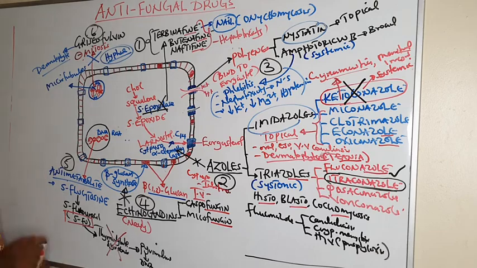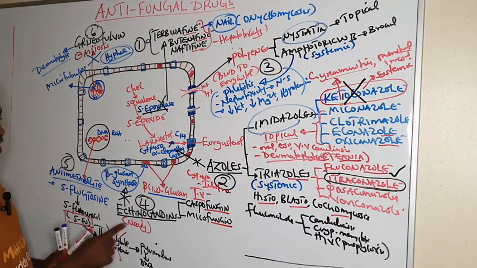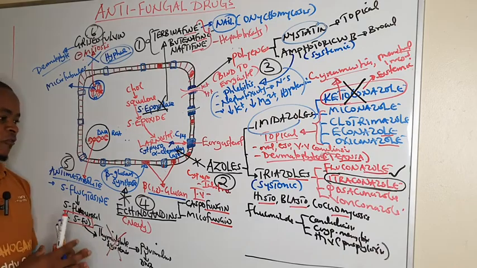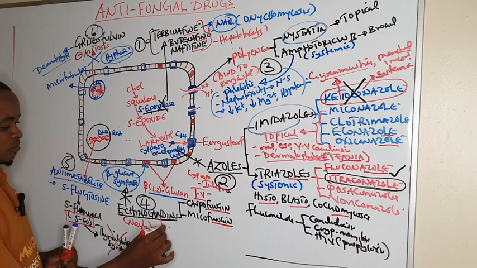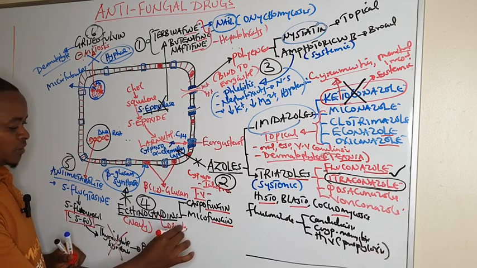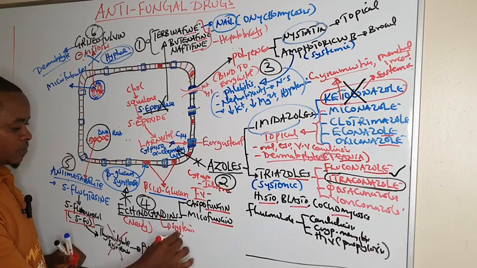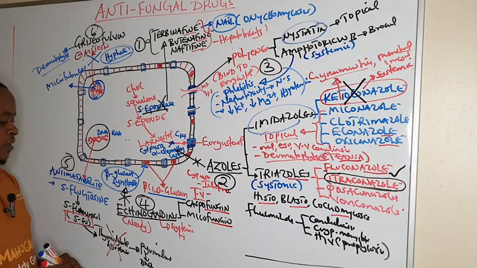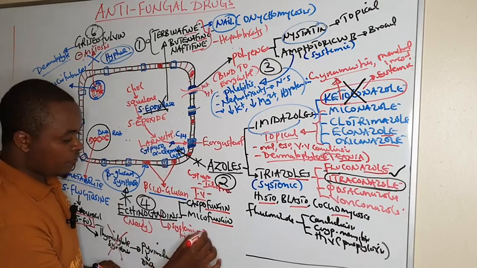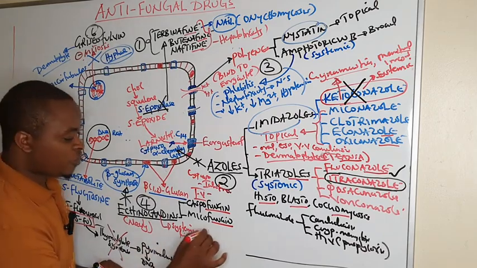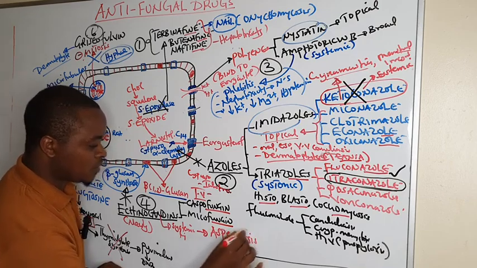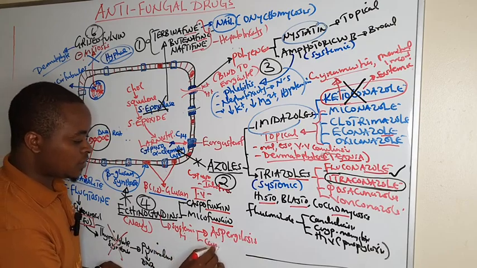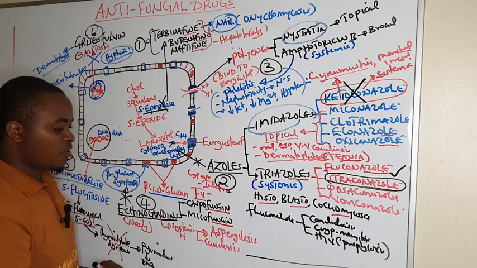Then another category of drug is the echinocandins, which we said are newly formed drugs, which are also used in the treatment of some systemic fungal infections. And these echinocandins are a drug of choice for treating aspergillosis and also candidiasis which is resistant to other drugs.